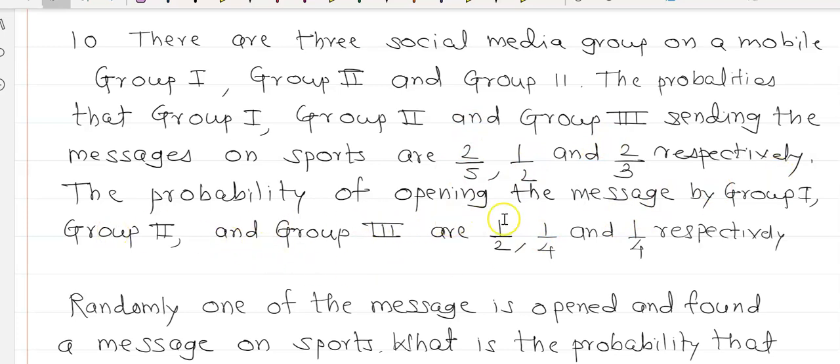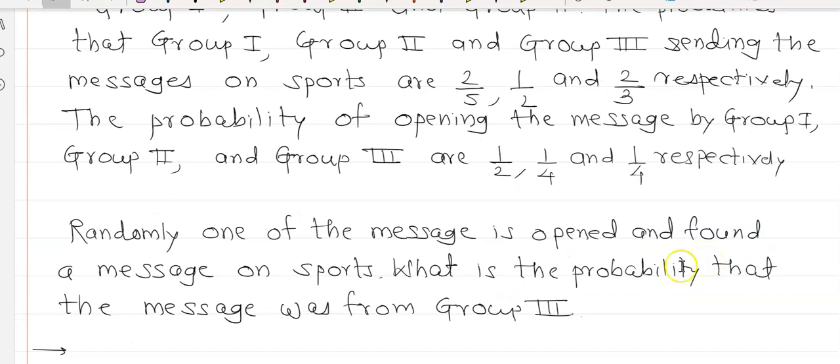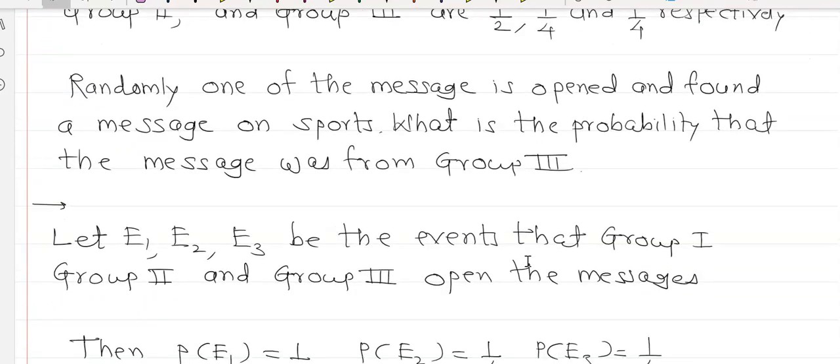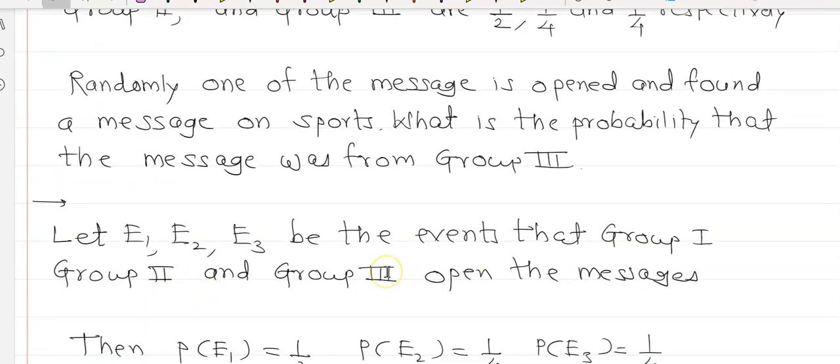The probabilities of opening the message by group 1, group 2, group 3 are 1 upon 2, 1 by 4 and 1 by 4 respectively. Randomly one of the messages is opened and found to be a message on sports. What is the probability that the message is from group 3? Again, E1, E2, E3 are the events that group 1, group 2 and group 3 open the message.